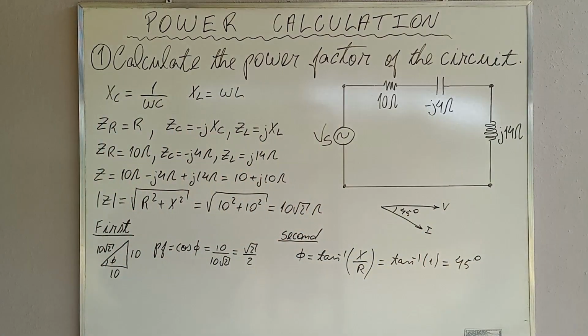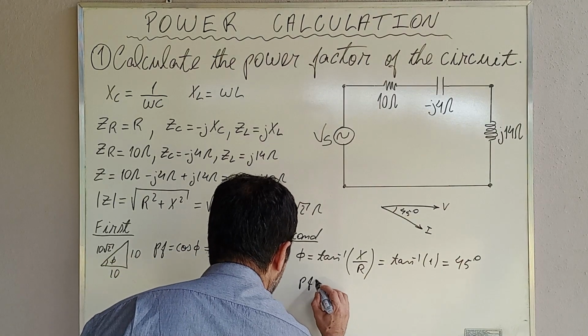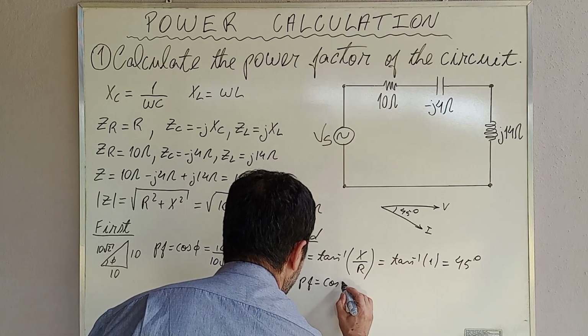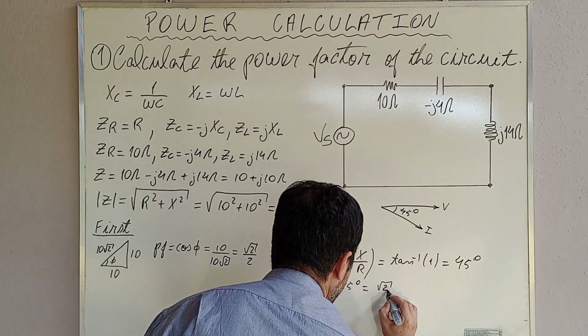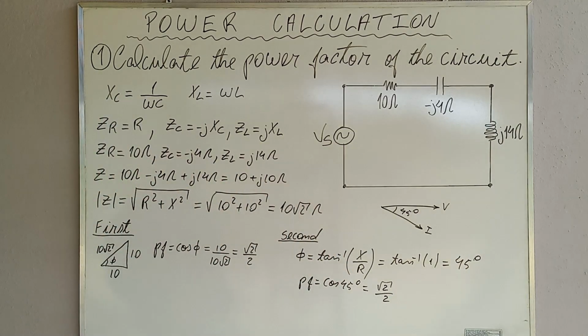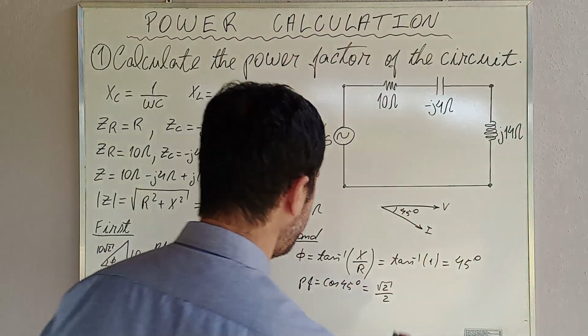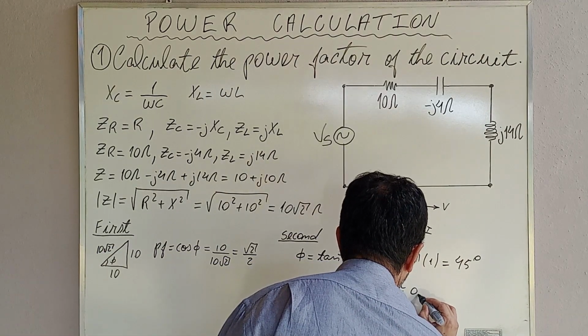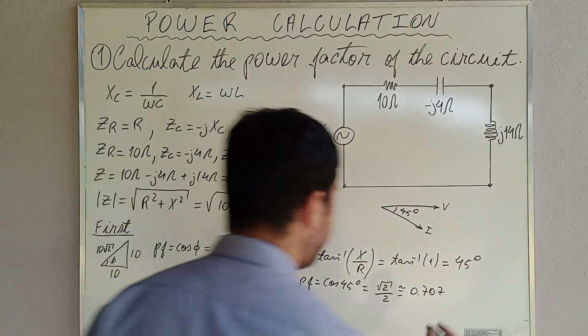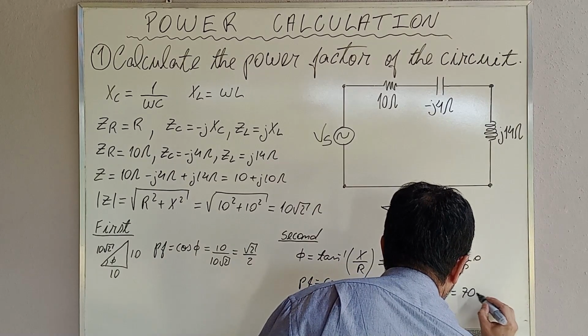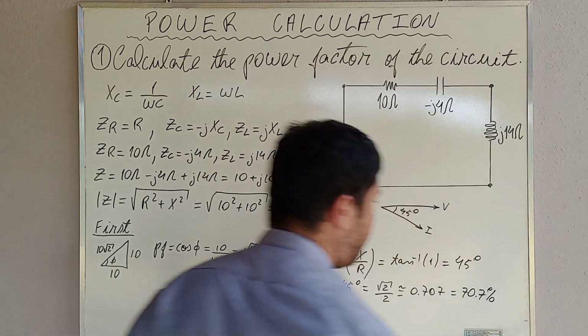The power factor is the cosine of the angle, which is the square root of 2 divided by 2, approximately equal to 0.707, or if you prefer, 70.7%.